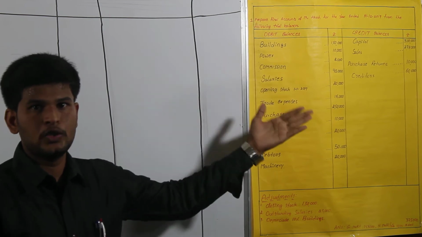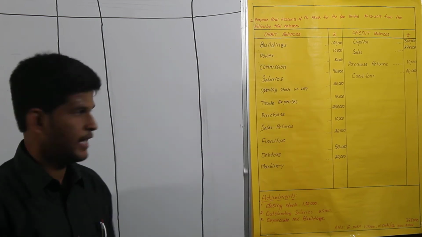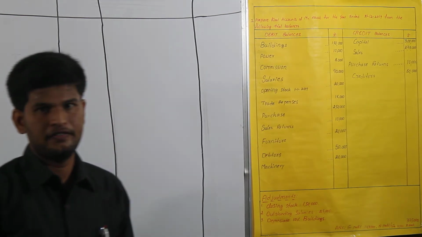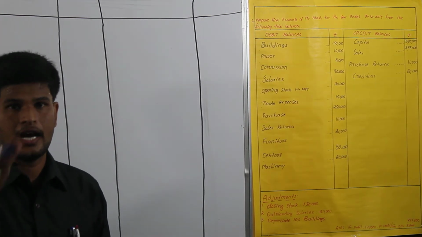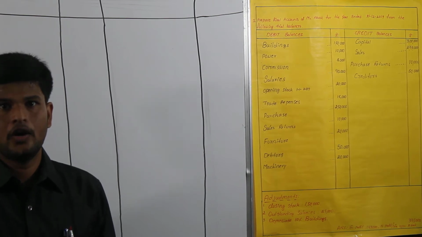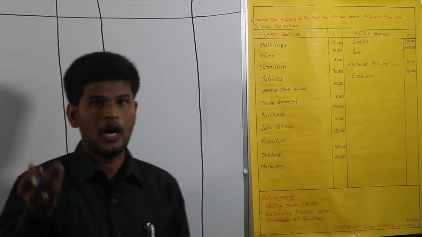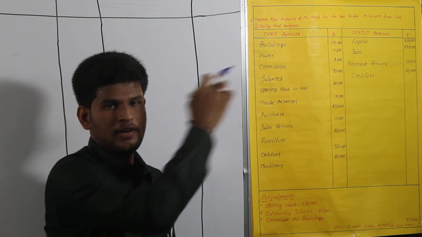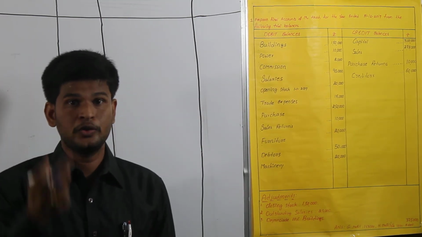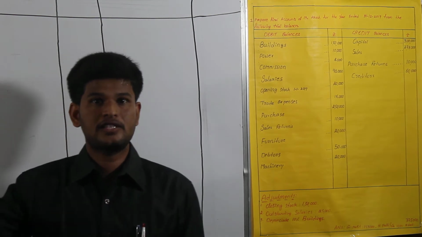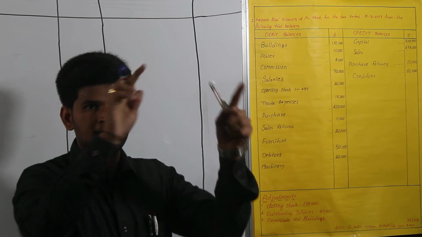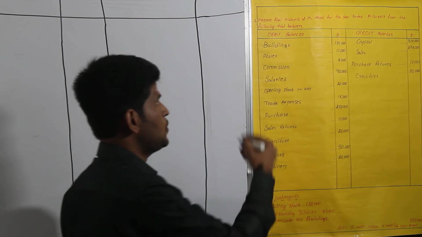Come to the first one. This is relating to which type of proforma? Building, here we have buildings of 1,50,000. Is building an asset, a liability, or an expense? We have to convert it in our brain and think which proforma it will go to. Buildings are nothing but property, and property belongs to asset.